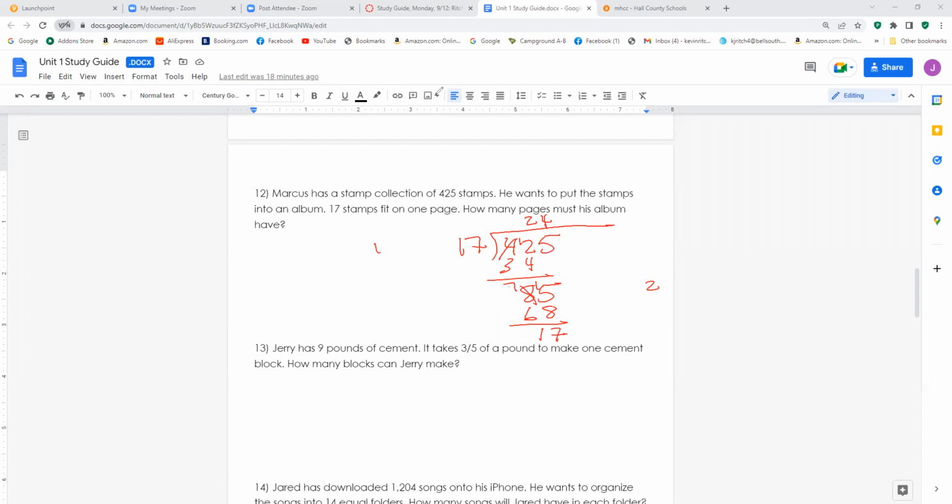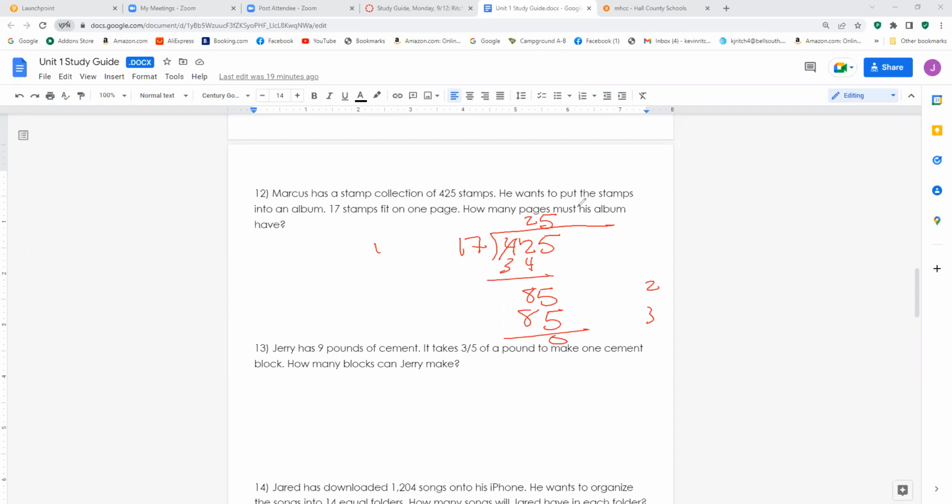So my 4 is too small. Let me make my 4 a 5. 5 times 7 is 35. Carry the 3. 5 times 1 is 5, plus 3 is 8, with a remainder of 0.